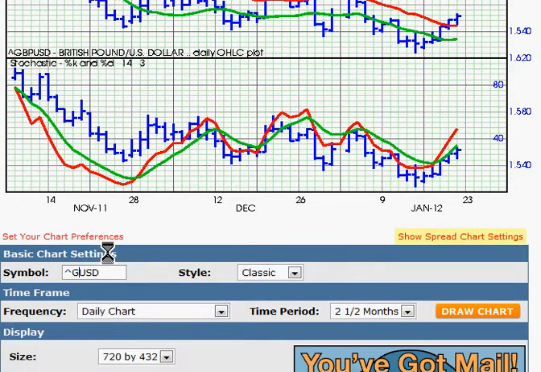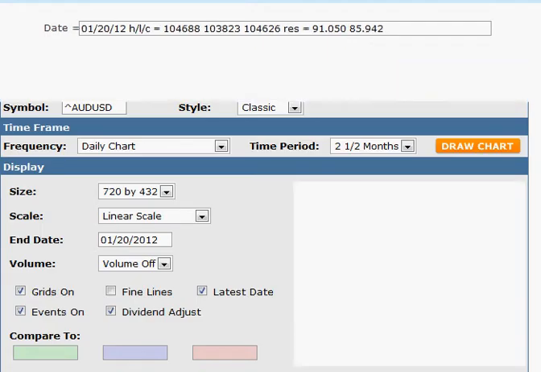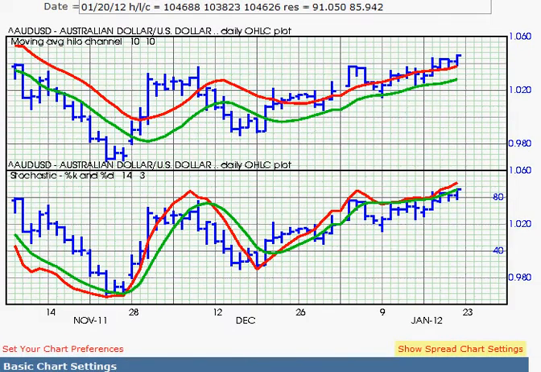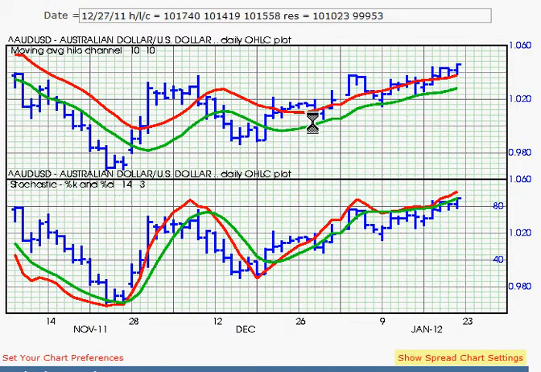The AUD USD we're already long in the premium newsletter. We got long right in this area on the premium newsletter, so we're ahead on this one.